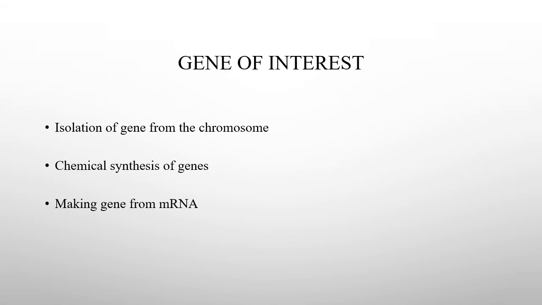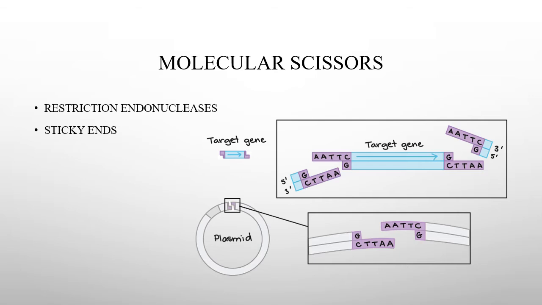The other step is the molecular scissors. I will talk a little about molecular scissors, which are called restriction endonucleases. Restriction enzymes are present in bacteria, and bacteria use these enzymes for their own protection against viruses, because certain kinds of viruses attack bacteria and kill them.